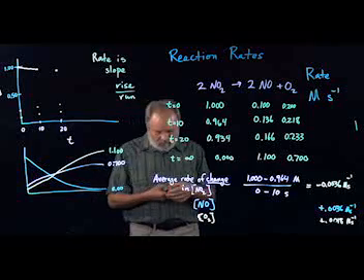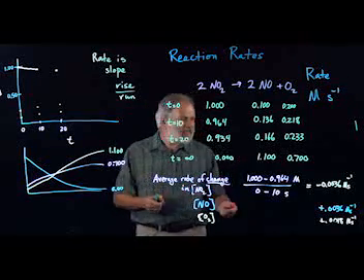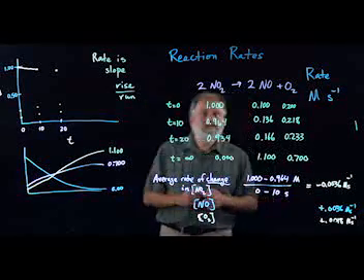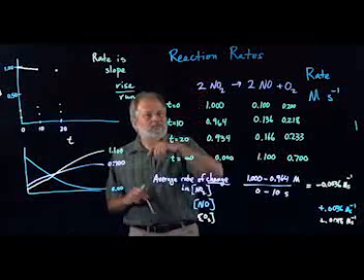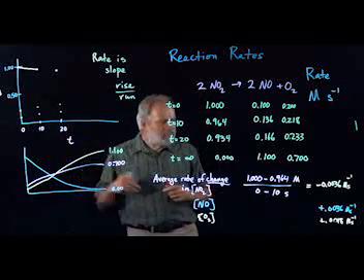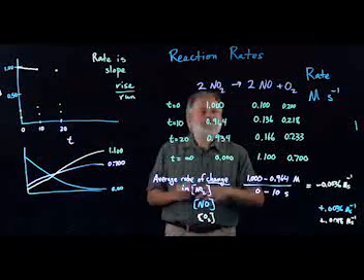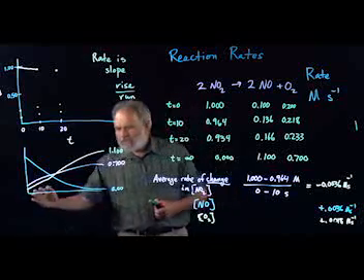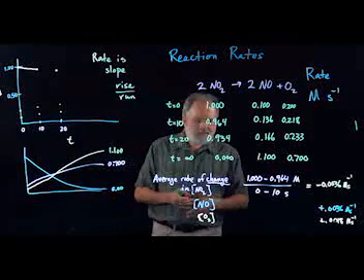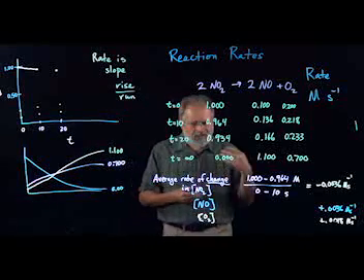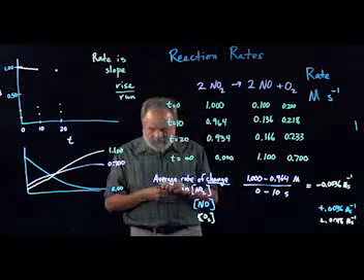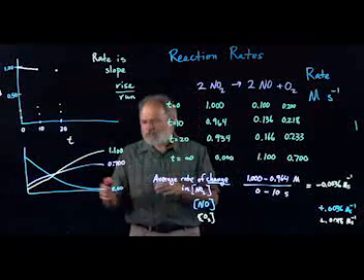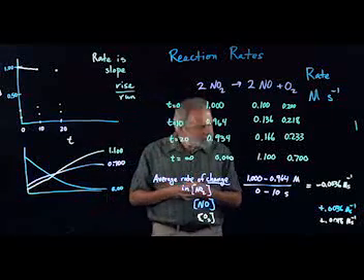Well, the way we define rate of reaction is to take any one of these, and if it's a reactant, we expect it to be going down, so it'll have a negative slope. If it's a product, it's being made, so it's going to have a positive slope. So the first thing we want to do is define the rate of reaction to be a positive number. So it's probably best to just go ahead and pick one of the products.